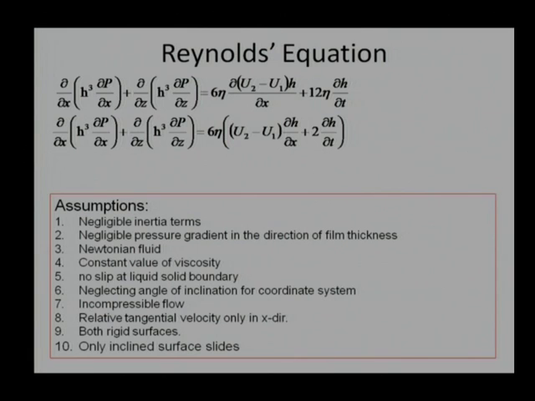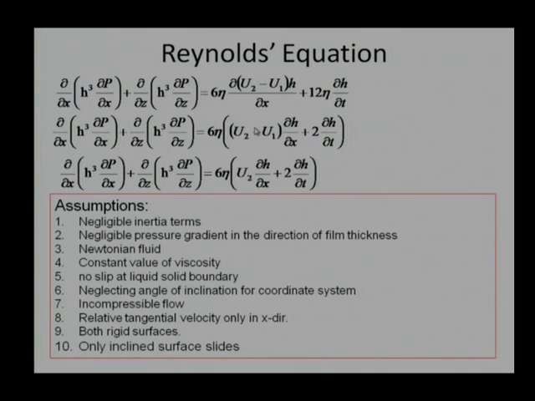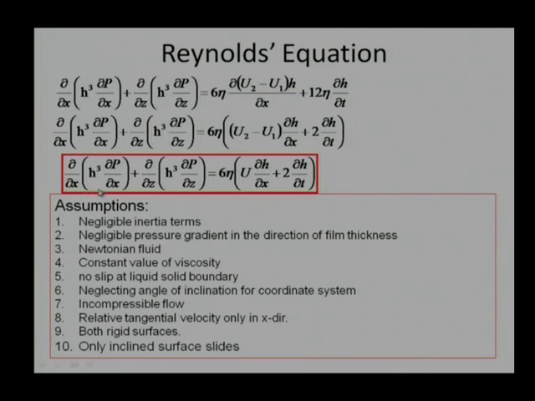With that, we say that only the inclined surface slides, and the equation will be modified: u1 will be 0, and in that situation it will be only u2. As there is only one velocity, there is no point in calling it u1, u2, u3. We can say directly it is u, the tangential velocity of the sliding surface. With that, this equation will be modified in this form.